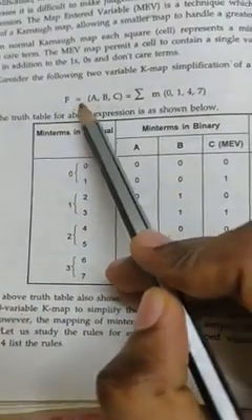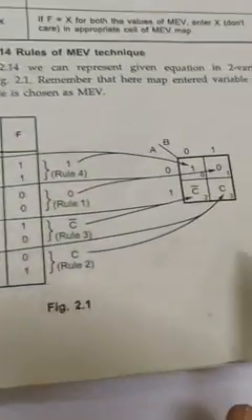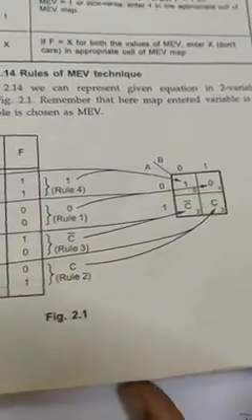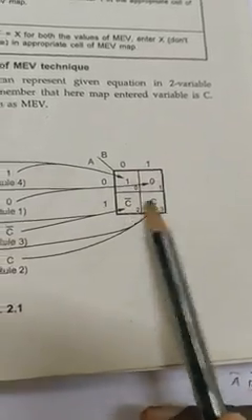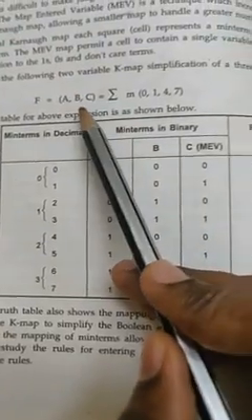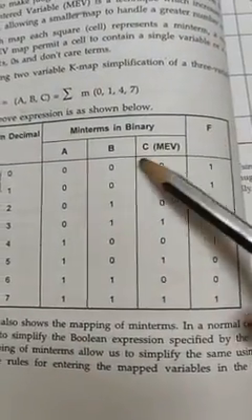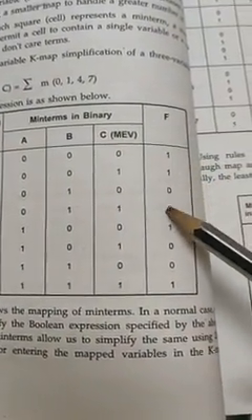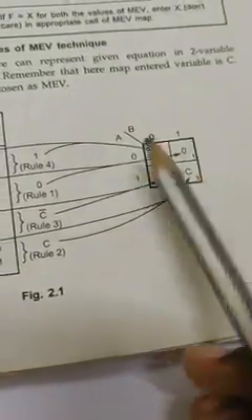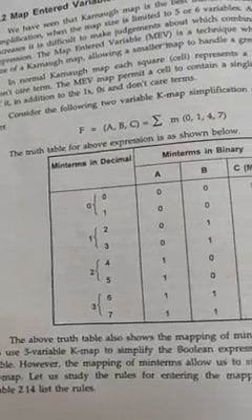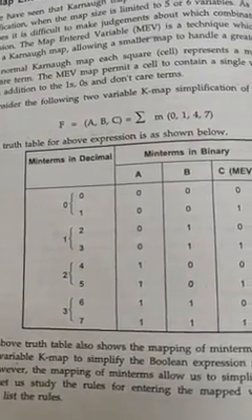So how to solve? We have only 4 boxes in a 2 variable k-map, so only 4 entries can be made. But a 3 variable function has 8 entries, 0 to 7, and here only 4 entries are supposed to be entered. This is how the map entered variable concept comes into existence.